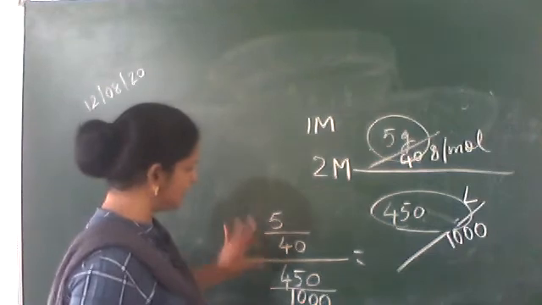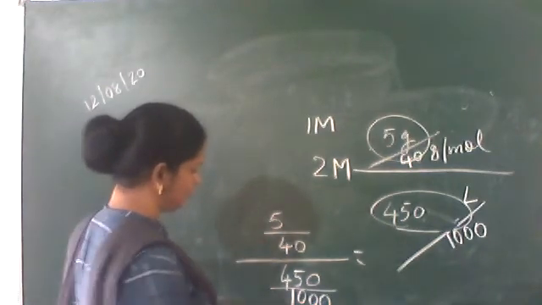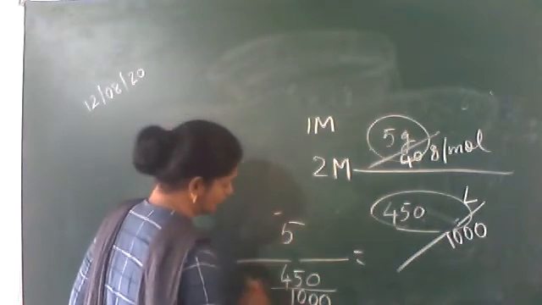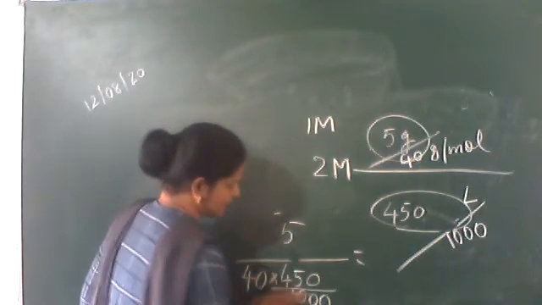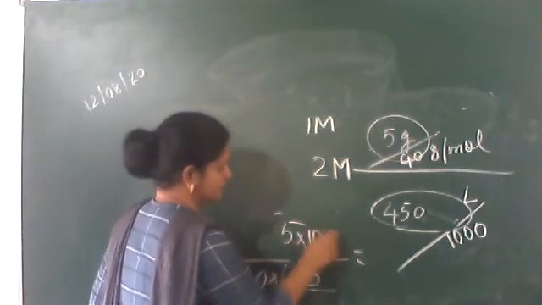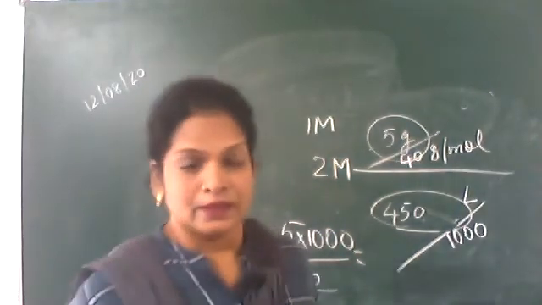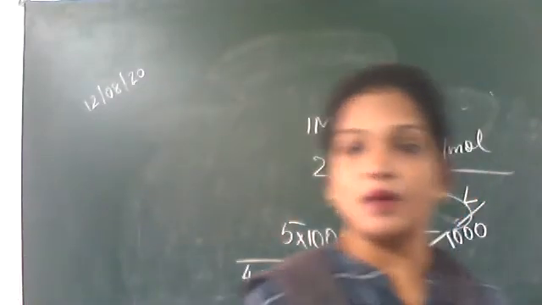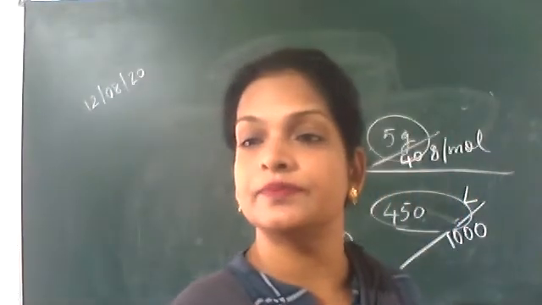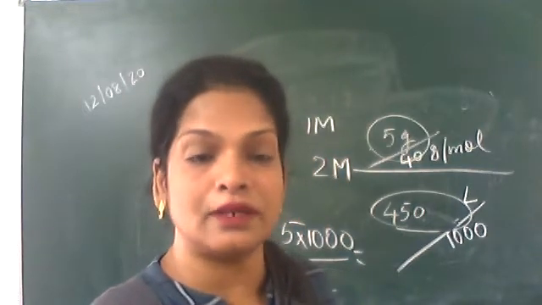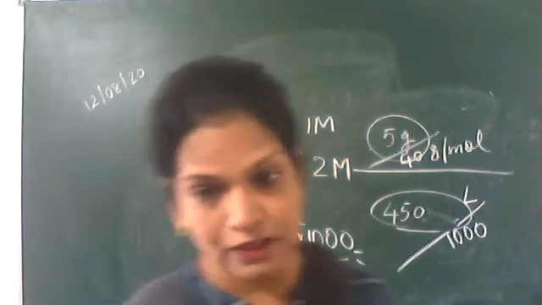It means you are dividing this value by 450, so it will be like this, 5 upon 40, 1000 will go up. This is the molarity. So molarity is the number of moles of solute per liter of the solution.